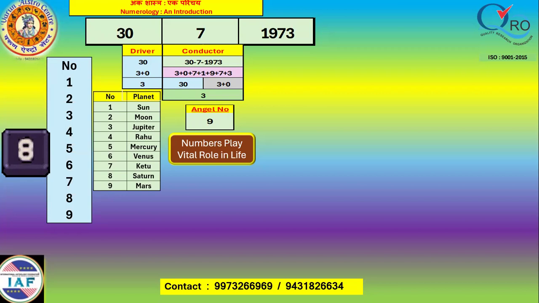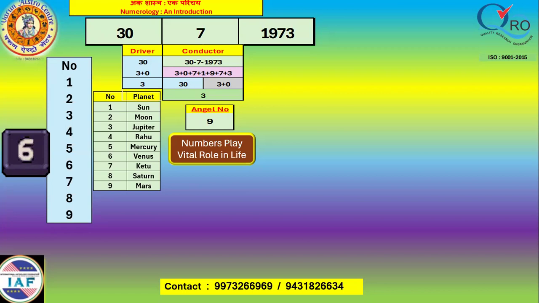The relationship between these two numbers is very, very important in order to smoothly run the life. And if these numbers are inimical to each other, conflict starts, problem starts, then the role of some numbers comes in.